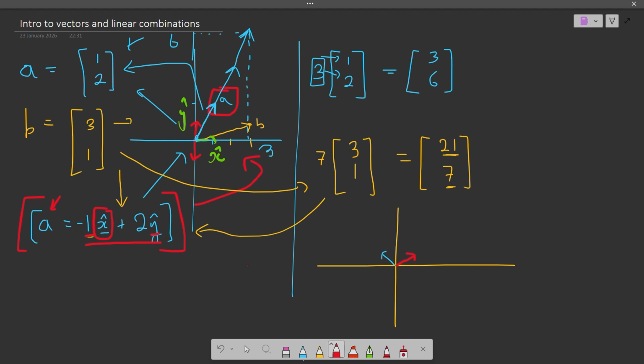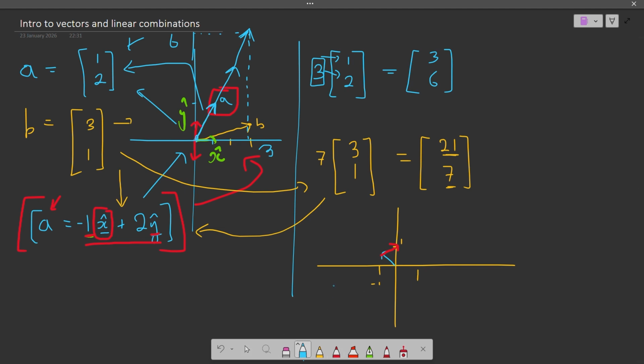To add these two vectors, let's actually define the values. This one is at minus 1, 1, and this one is at 1, 1. To add these vectors, we take one vector and move its tail to the tip of the vector that we are trying to add it to.